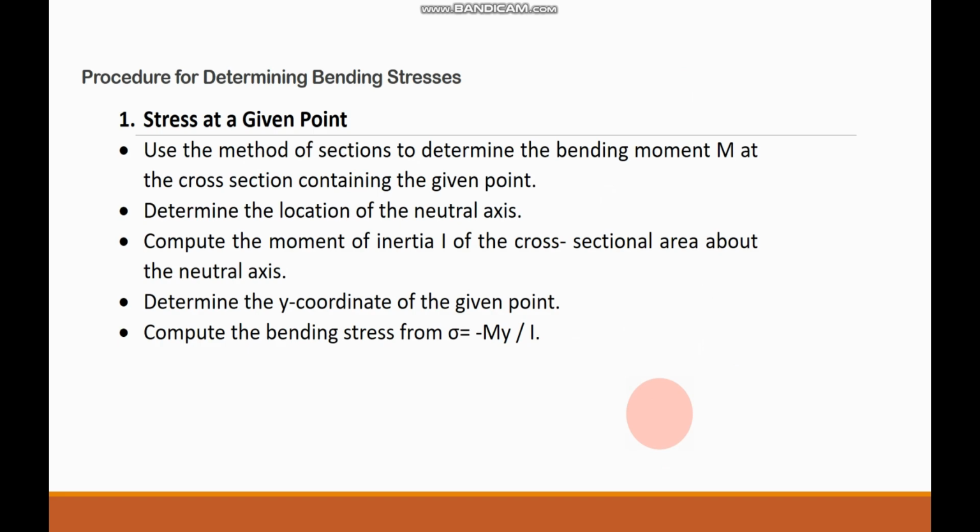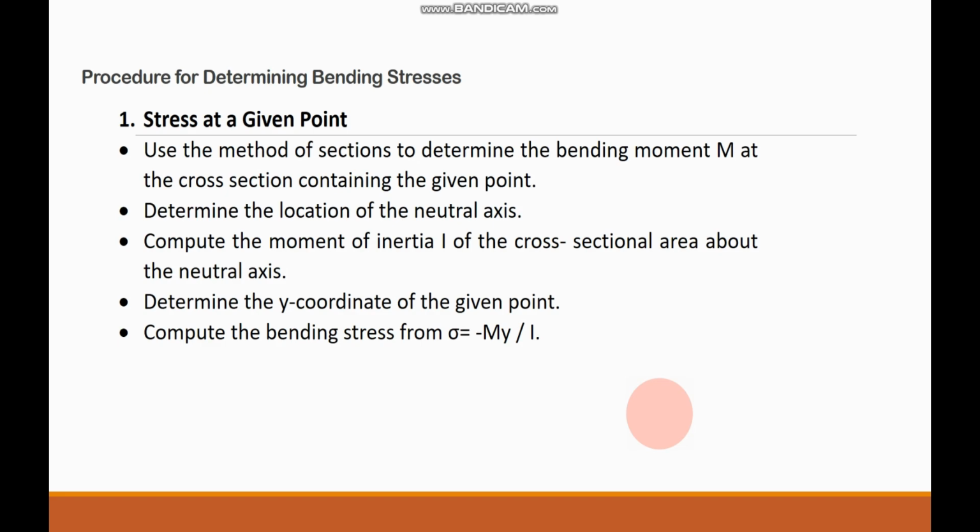So we have here a summary of the procedure for determining the bending stresses. For stress at a given point, first is use the method of sections to determine the bending moment at the cross-section containing the given point. So, as I have said earlier, napaka-importante na ma-master nyo yung method of sections or yung isang procedure, which is also the area method, in getting the shear and the moment.